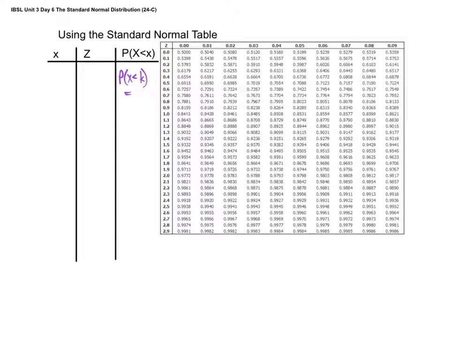What was it, 0.63 on our first example? Yes, 0.63. And we knew that we were trying to find that x value, right? Well, if we didn't have our calculators, we would have to use this standard normal table, okay?